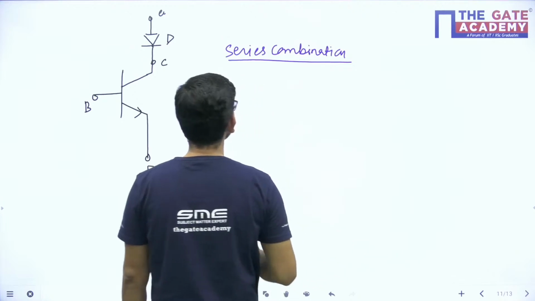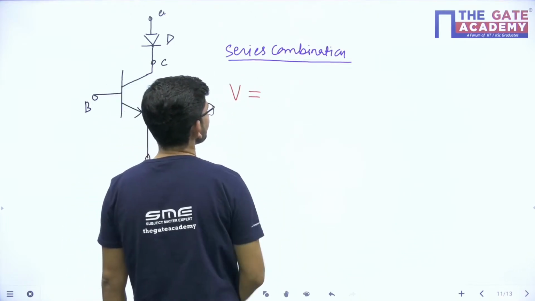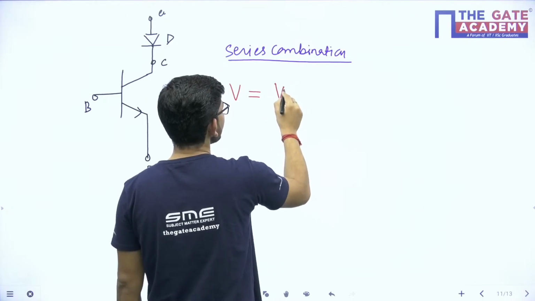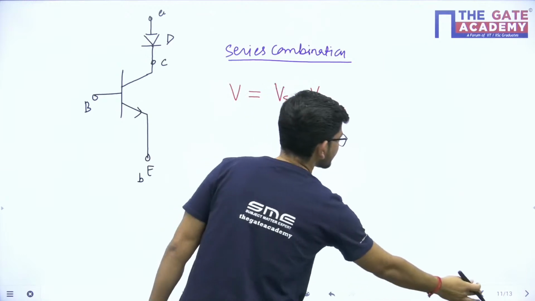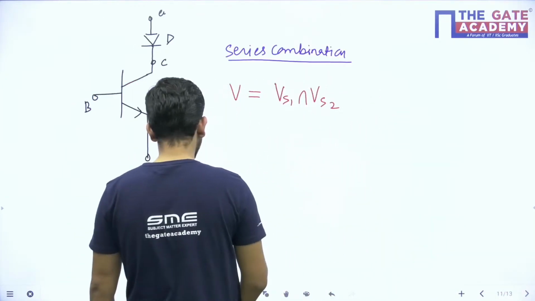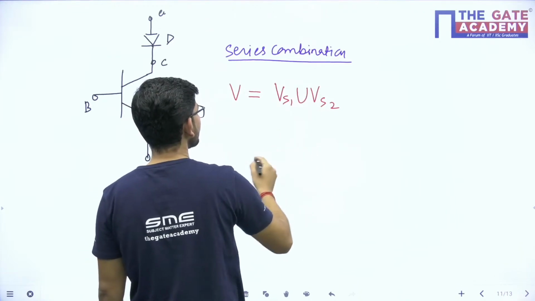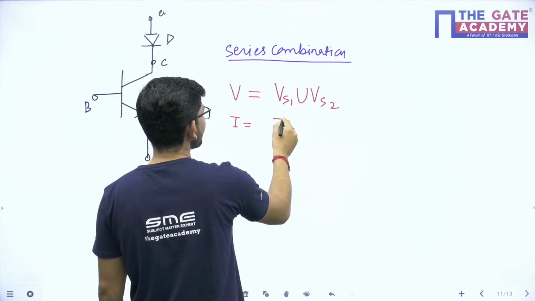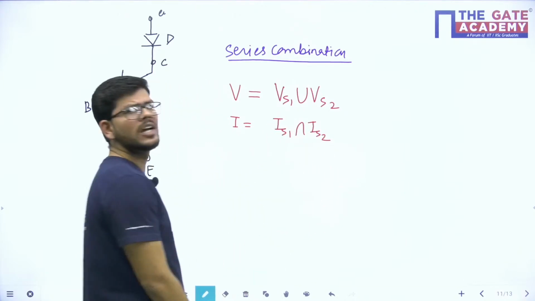The composite switch will have voltage given by the intersection of both the voltages. Isn't it the same? No. We will take union here. The voltage will be given by the union of voltages and the current will be given by the intersection of the currents, and this is quite usual.